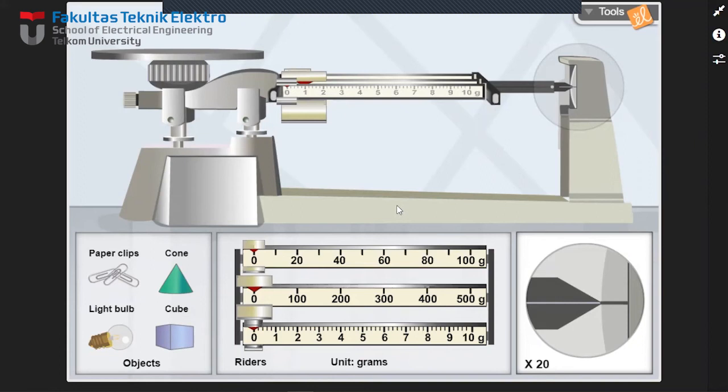As we can see here, there are different parts of the triple beam balance. The first part here is a pan that is used for putting the load. The second part here is a thumb screw that is used as a calibration screw, so that the equilibrium point here is at 0.